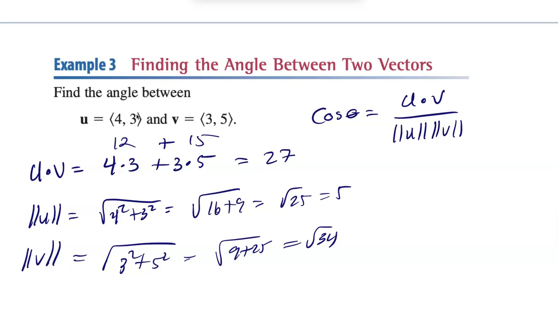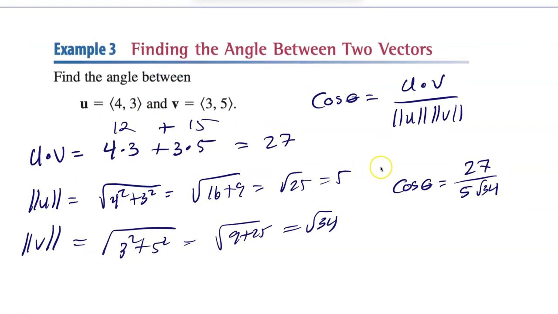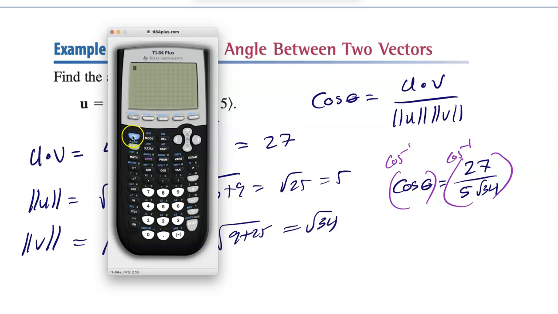Now let's put this all into the formula. So we have cosine theta equals 27 over 5 times square root of 34. If I want to find the angle, we're just going to do cosine inverse. In a calculator, we'll do second cosine.